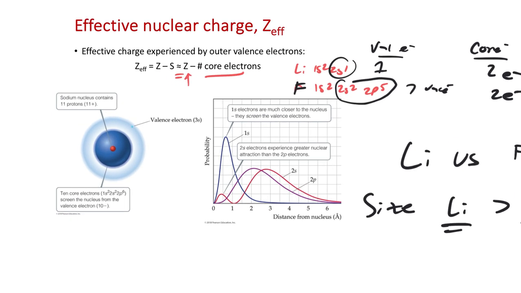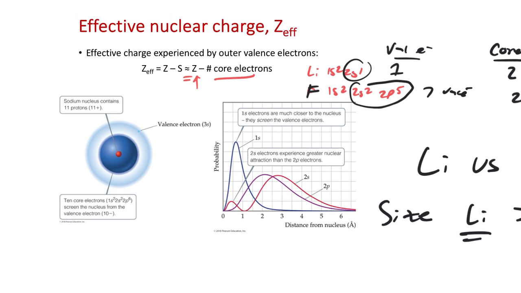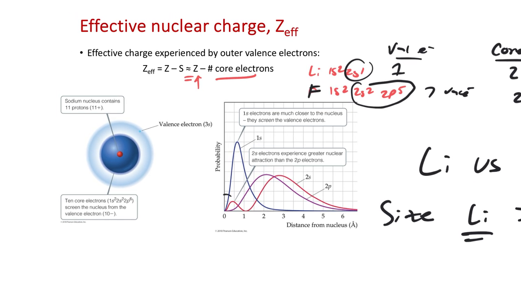Okay, so let's get back to talking about the effective charge itself. This slide here is kind of trying to show you the idea we were just talking about with our 2s orbital. If you think of the chapter 6 question, it could be how many radial nodes? We didn't talk about that earlier, but if I'm looking at these plots here, my 1s is here, so there are no radial nodes for the 1s.